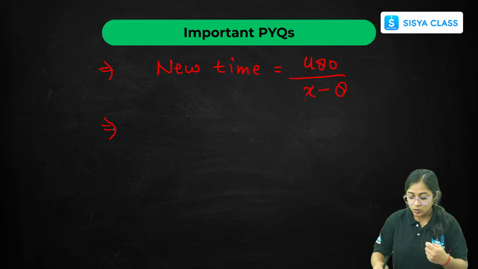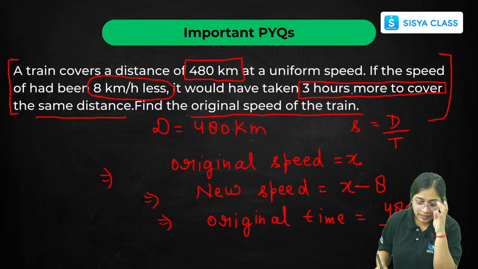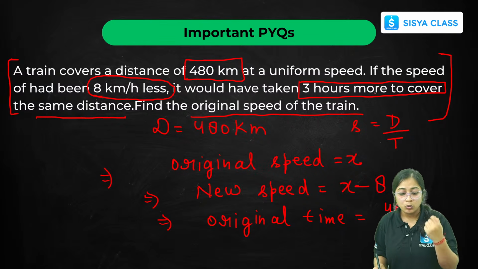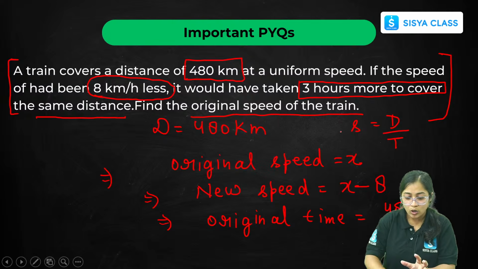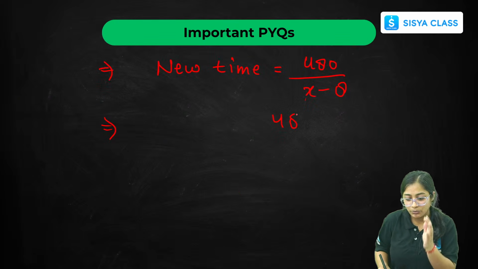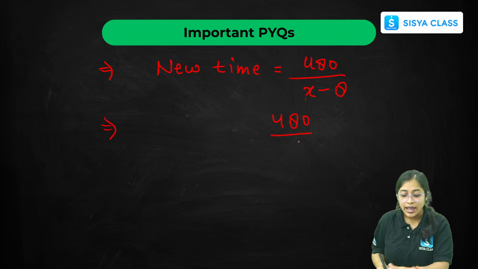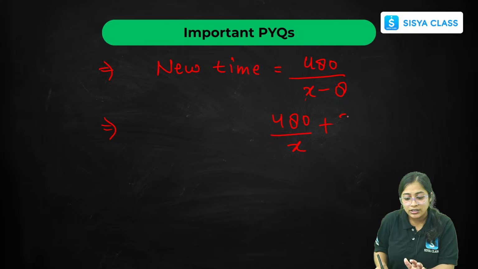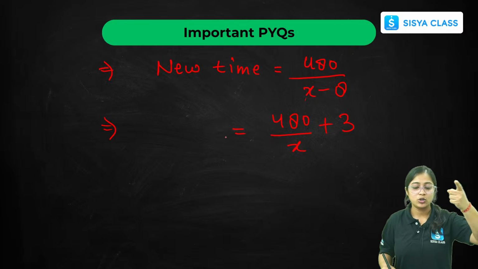Now after this, what they are saying is that the time taken is 3 hours more to cover the same distance. Okay, so whatever is your original time, that is 480 upon x, when you add the 3 hours, because now the time is 3 hours more than the original time, right?